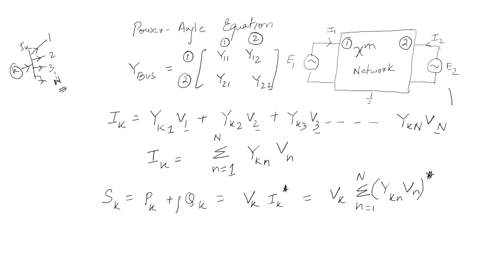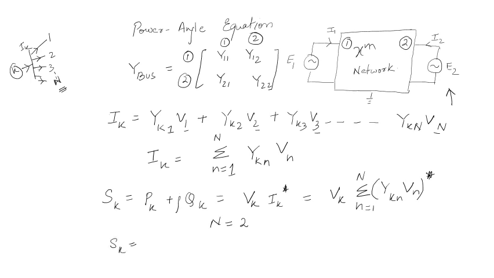Now looking at this system, there is a 2-bus system. So what happens to our capital N? Capital N will be 2, which is the maximum for this 2-bus system. Now what can I write about our Sk?